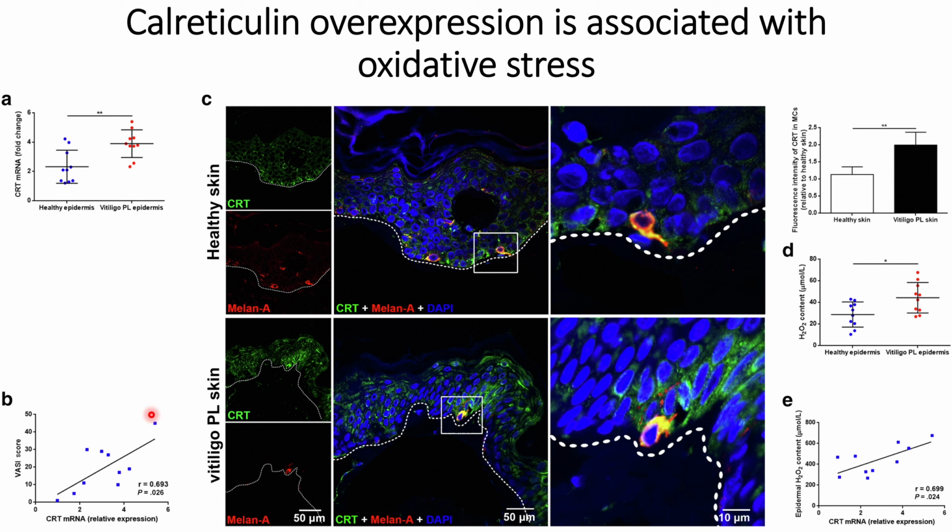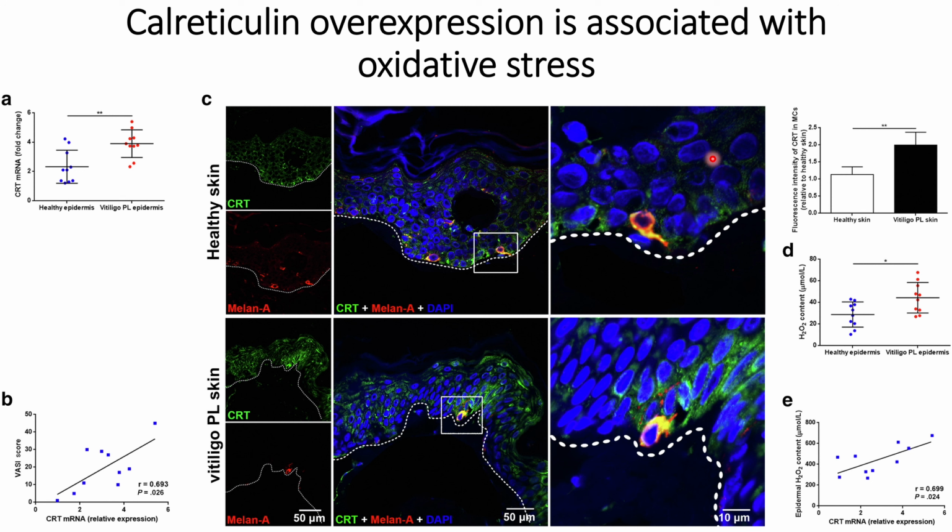So they again did immunofluorescence staining of calreticulin and melan A on the healthy skin and also the vitiligo PL skin. The immunofluorescence staining results also show that in the healthy skin the calreticulin expression is lower compared to the vitiligo PL skin, where calreticulin expression is higher. Calreticulin expression is shown in green fluorescence, so it is clear that green fluorescence is higher in the vitiligo PL skin compared to the healthy skin.